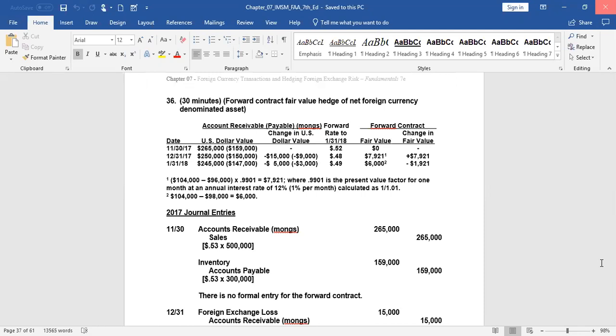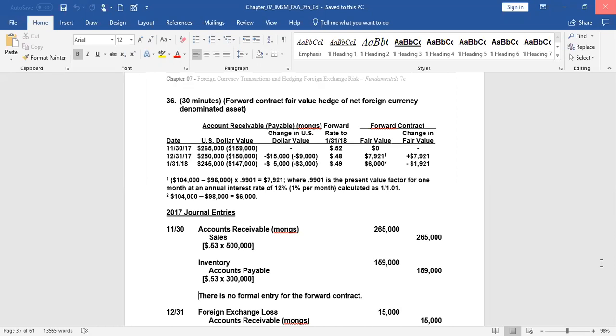It goes on to say, Eximco also purchases raw materials from a Managuan supplier at a price of 300,000 Hmongs. It will make payment on January 31st. So that's going to result in an accounts payable on their books.